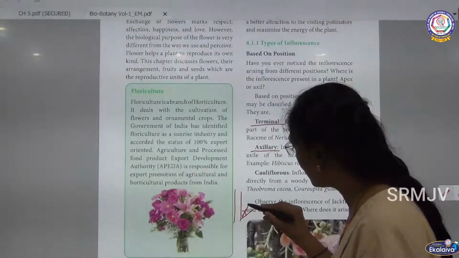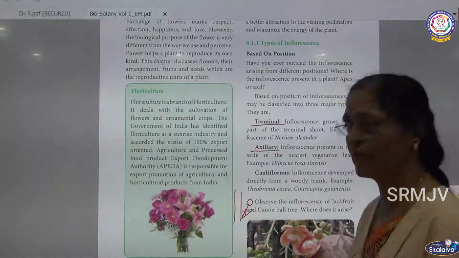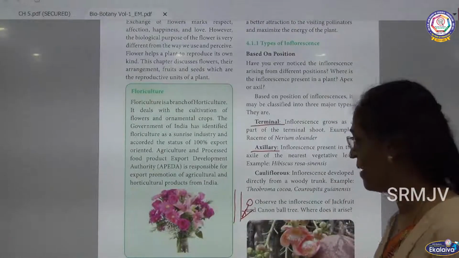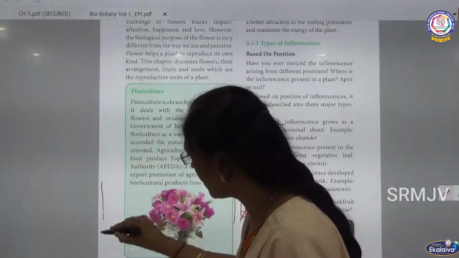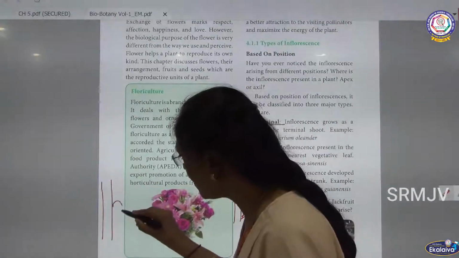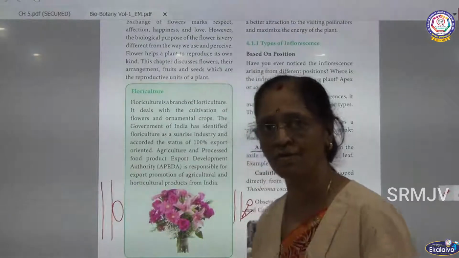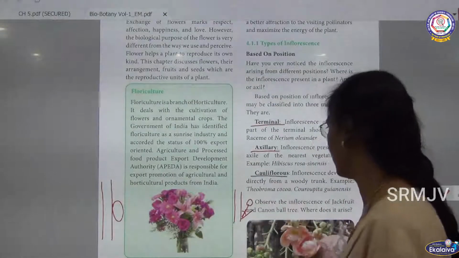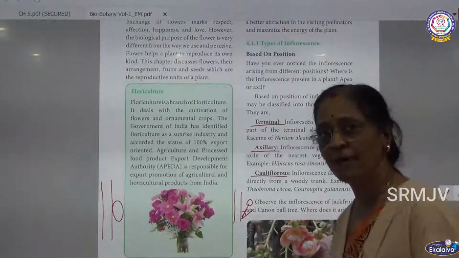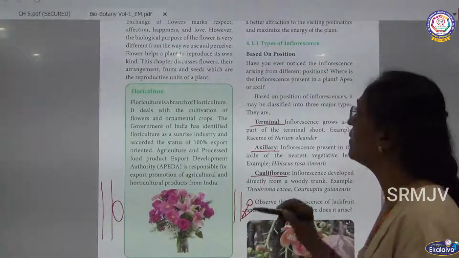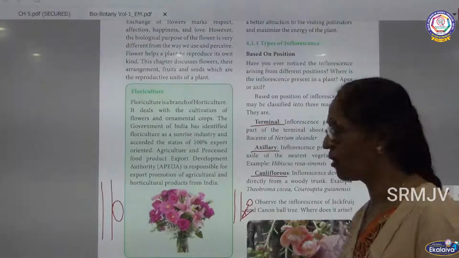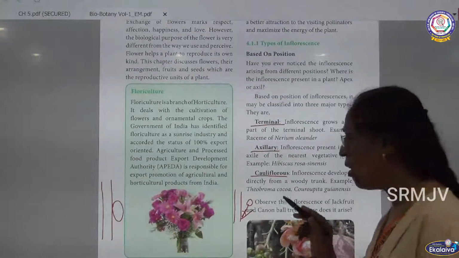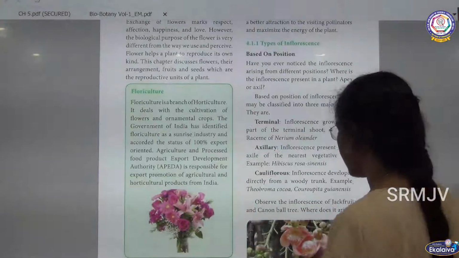If the flower is born here, you call it axillary. And if the inflorescence is developed directly from a woody trunk, if you find that the inflorescence is being born on the trunk, then you call it cauliflorous. Example you will find in a jackfruit. So, based on the position, the inflorescence may be terminal, axillary or cauliflorous.